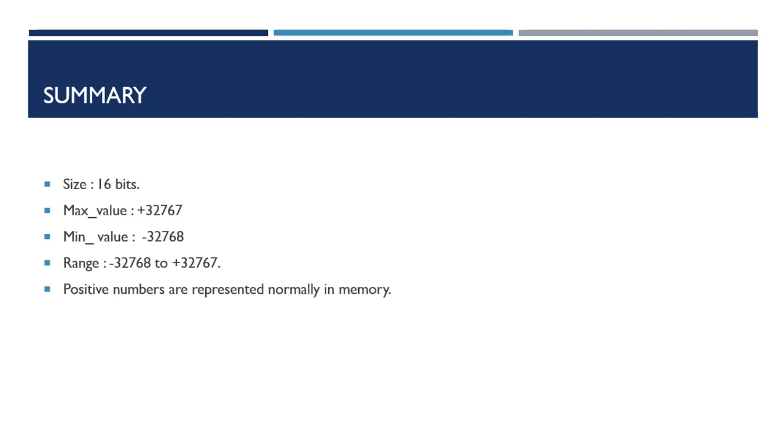But if I assign a negative number to short, it is first converted into 2's complement form, and then saved in memory. So this is all about the short data type: what is the size, the maximum value, the minimum value, how it is saved in memory, and what kind of values it accepts or does not accept.